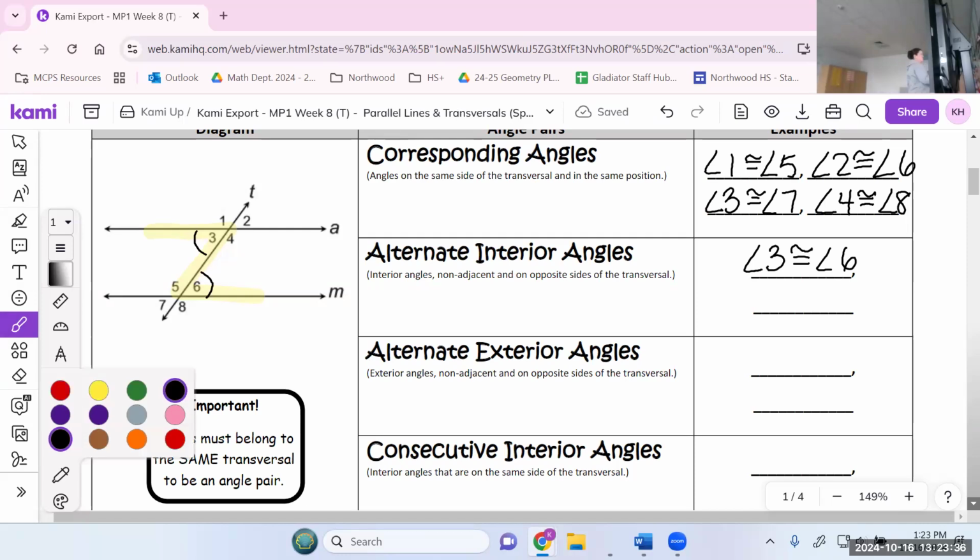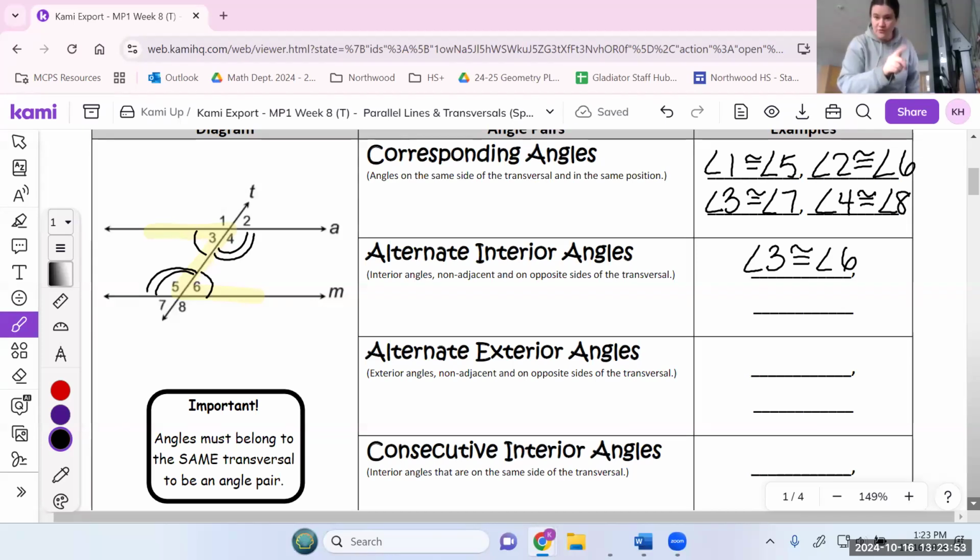The other pair of those, your theta's backwards, we've got 4 and 5. I don't love that because that's the same marking. I thought I changed my color, but since I didn't, one way to show that 3 and 4 are not necessarily congruent is that their marks are different. 3 has 1 mark, 4 has 2.